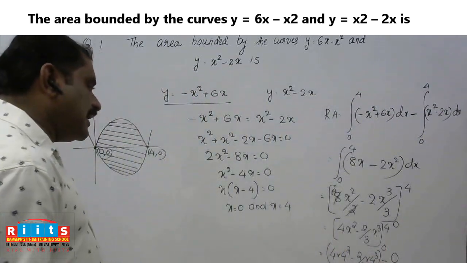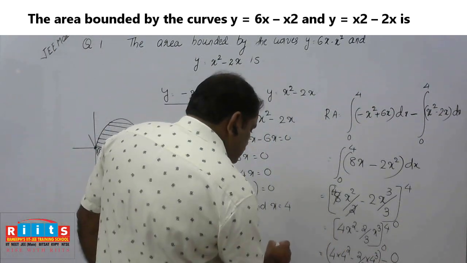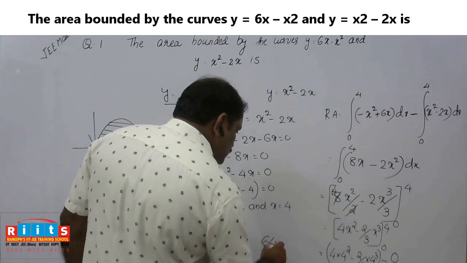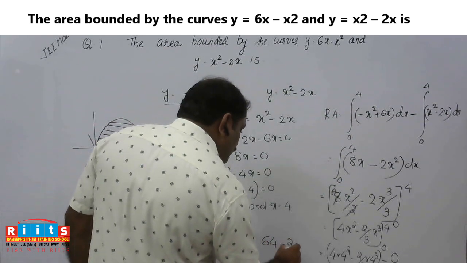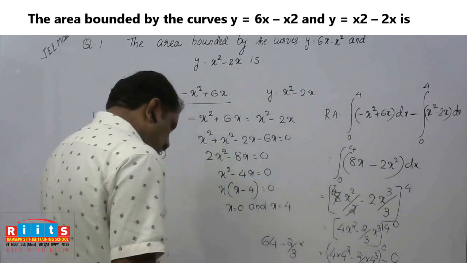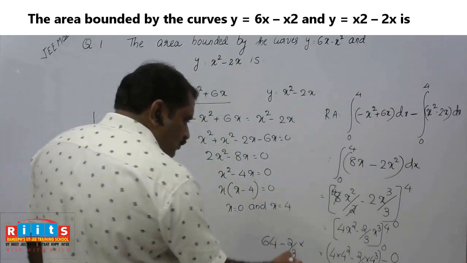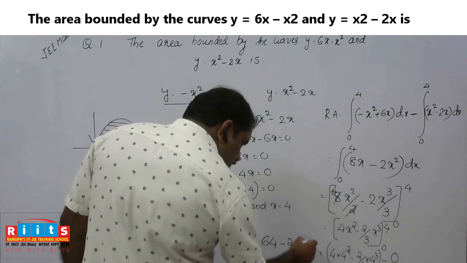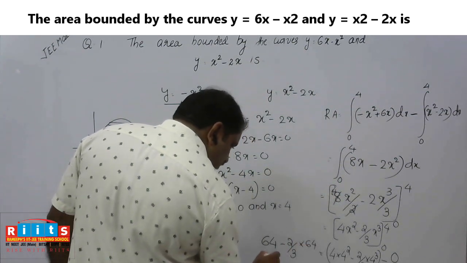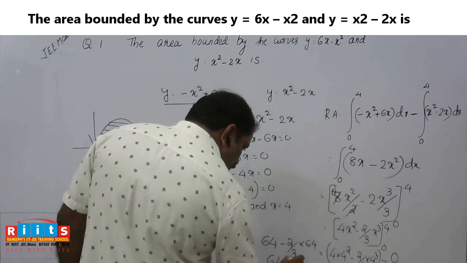So we get 64 minus 2 by 3 into 4 cube, that is 64 minus 128 by 3.